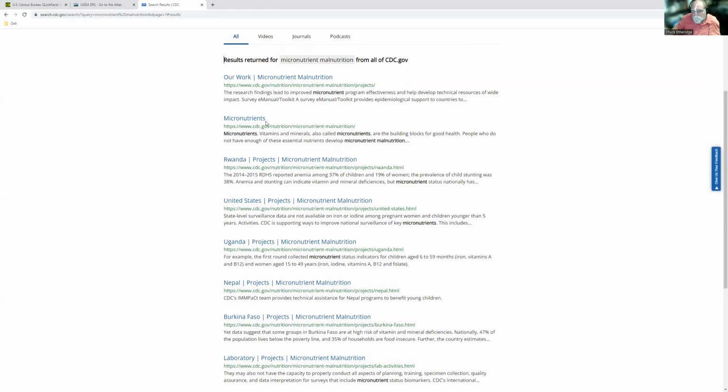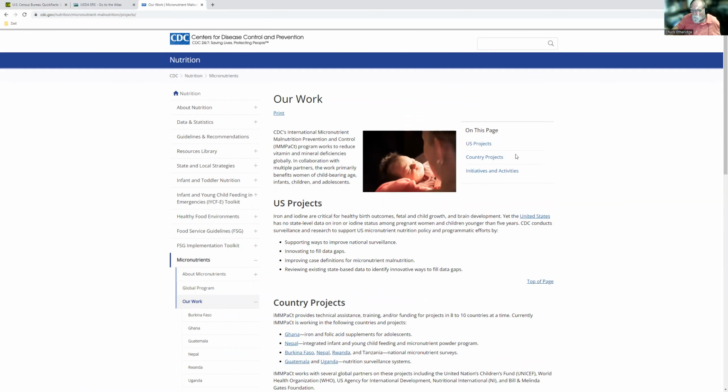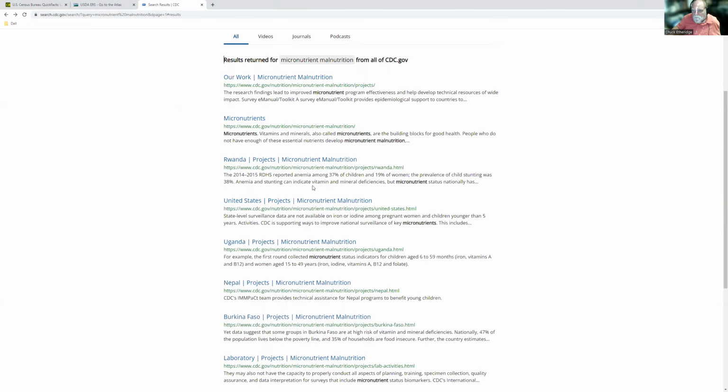So it describes what it is, some of their initiatives and things like that as well. But it's important to learn about why micronutrient malnutrition is important.